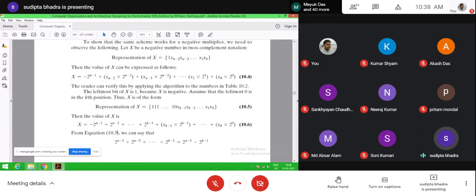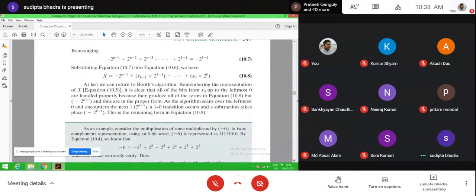Now if we take the 10.3 equation, that equation which represents that 2 to the power n minus 1 minus 2 to the power k plus 1 is equal to 2 to the power n minus 1 minus 2 to the power k minus 1.